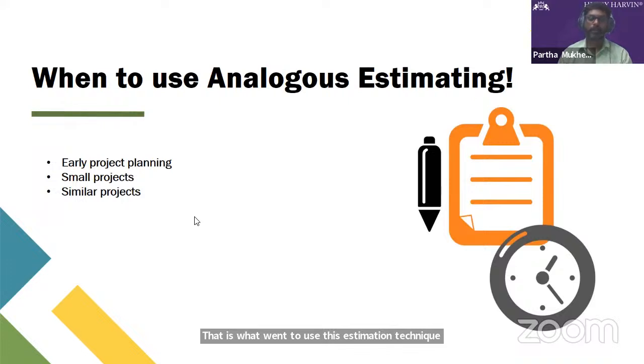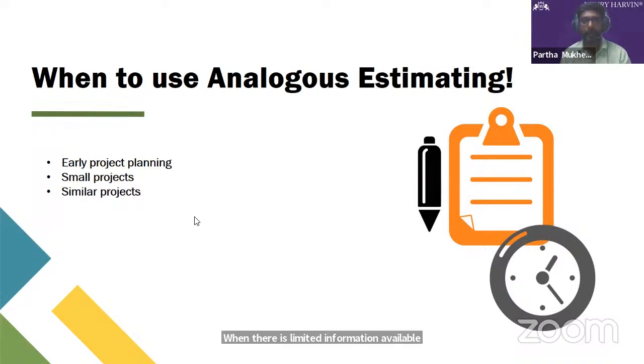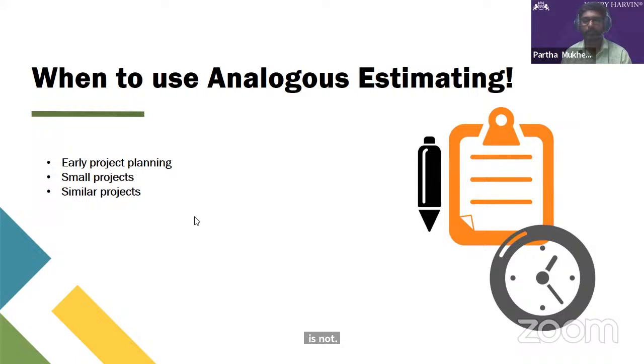So, early project planning. Analogous estimation can be used, as I have mentioned, during the early stages of project planning when there is limited information available. We can go with analogous estimation when we have small or mid-sized projects where the scope is not that complex and is well understood.